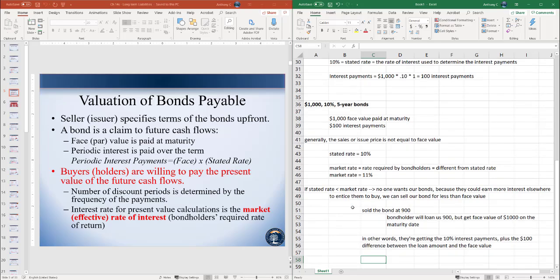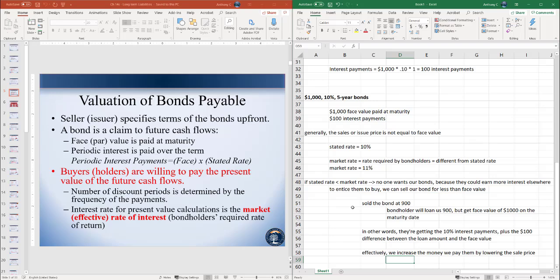So effectively, what we've done is we're increasing the amount of money we're paying them by lowering the sale price. If we're increasing the money we're actually paying them, this is effectively an increase in interest rate.